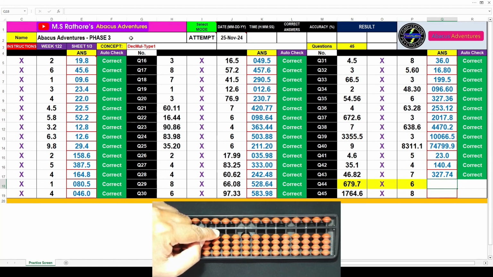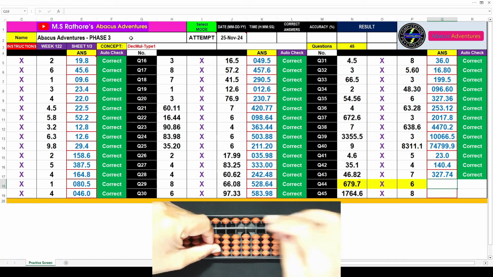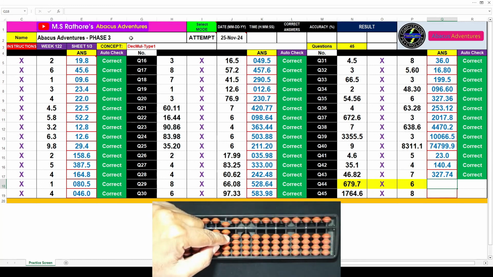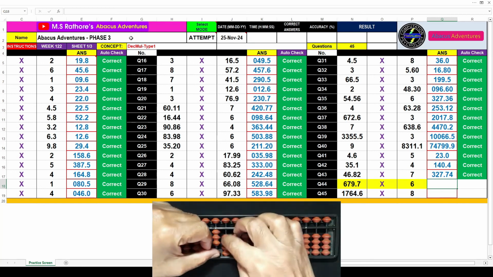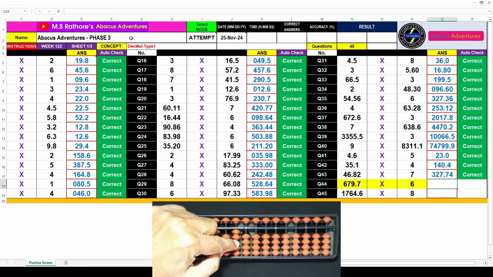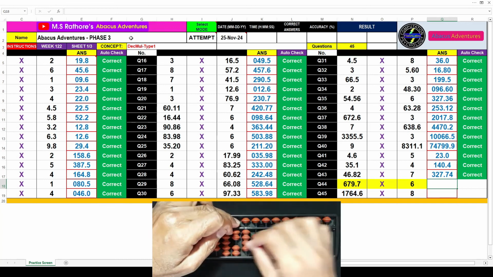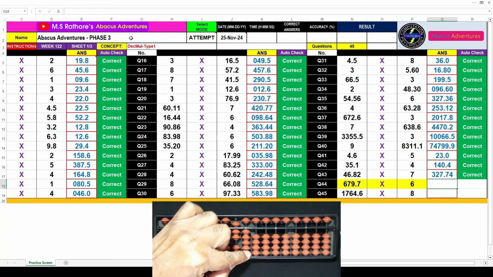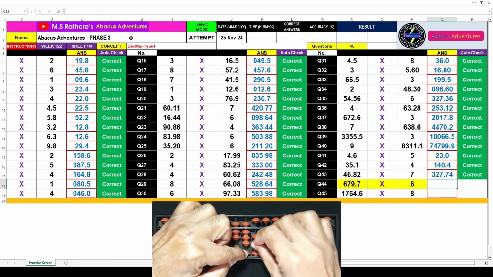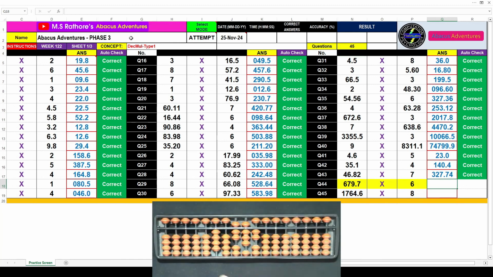From right to left it is 6 multiplied by 6, 6 6s are 36, shifted, 6 7s are 42, shifted, 6 9s are 54, shifted, 6 7s are 42. And the answer is 4078.2.